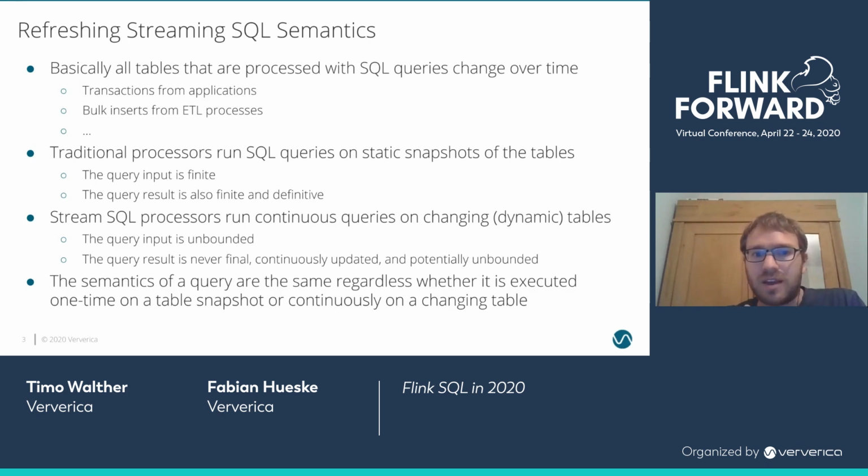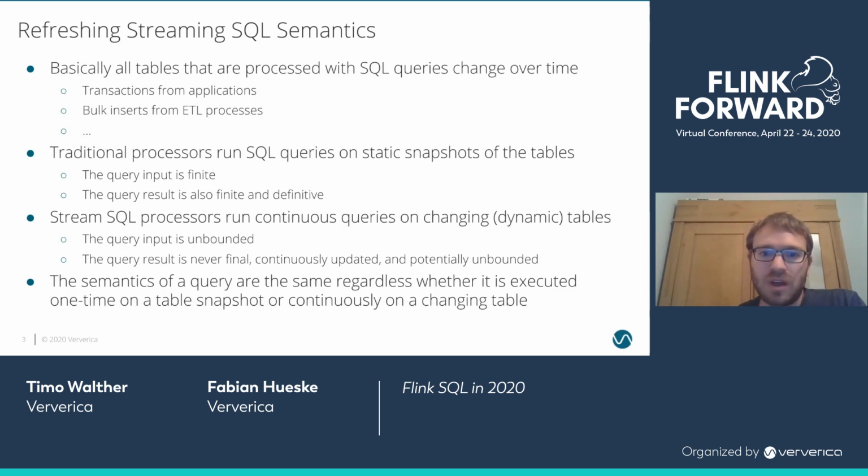You're just getting the changes of your table being fed into the query, and then the query computes the result based on all the changes that it has seen so far. This means that the query result is never final. It needs to be continuously updated as the query sees more and more data, and it might also be potentially unbounded.